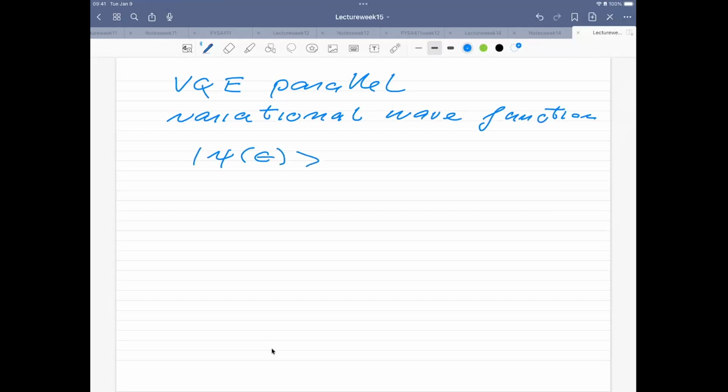And again, this theta contains a set of parameters, normally real parameters, up to some theta p. Then I have a normalized state. When I normalize this state, I'm going to put a bar on top of it. So this is a normalized state.